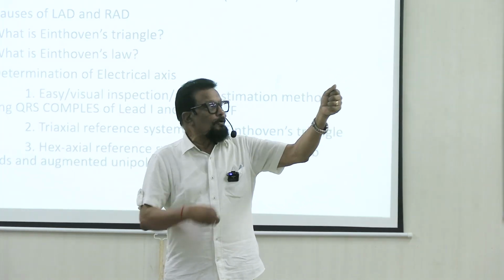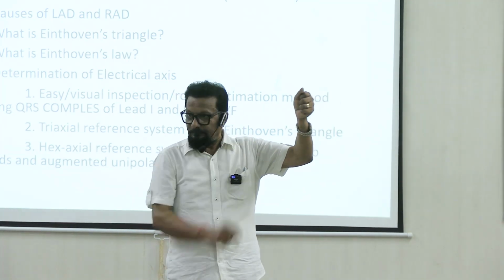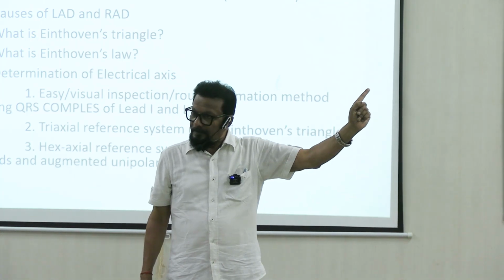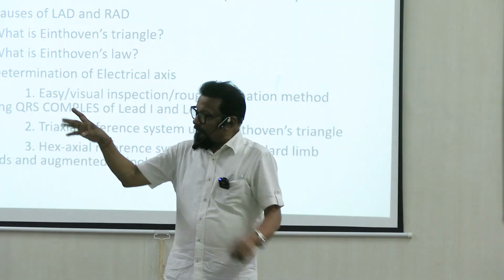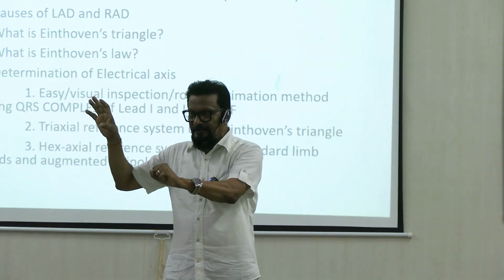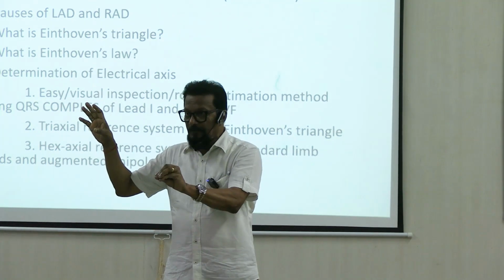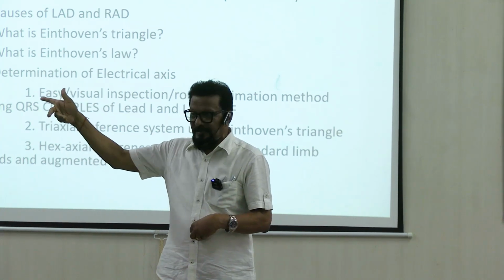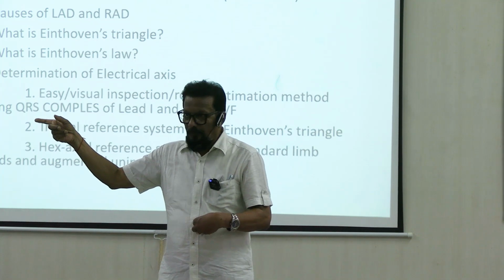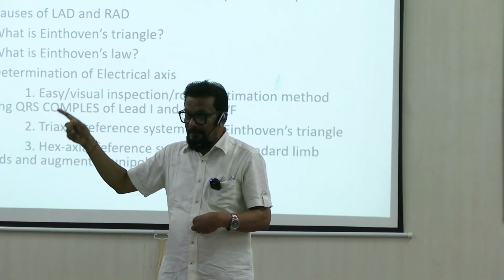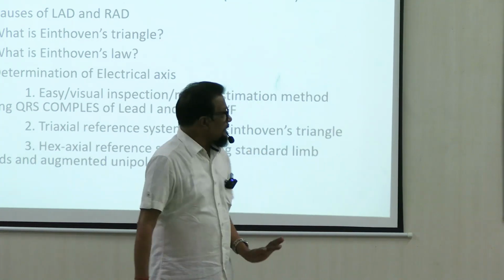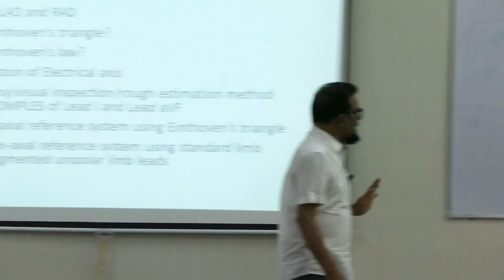So against 0, what is the potential difference with the left arm? That is AVL. And now AVR: the positive electrode is on the right hand, and all other electrodes are connected together and made 0. So I am recording the potential difference in my right hand with respect to 0. So this is AVR. Similarly, we can record AVF.